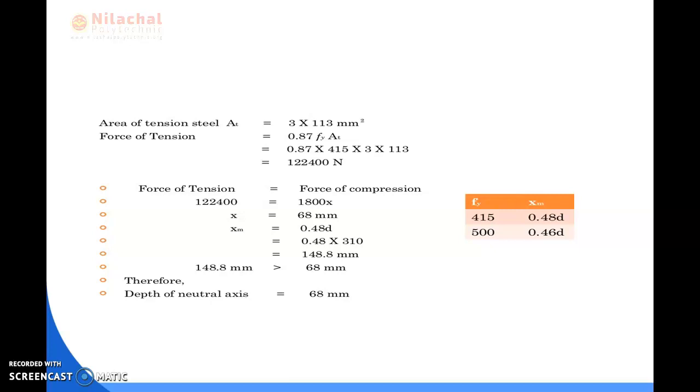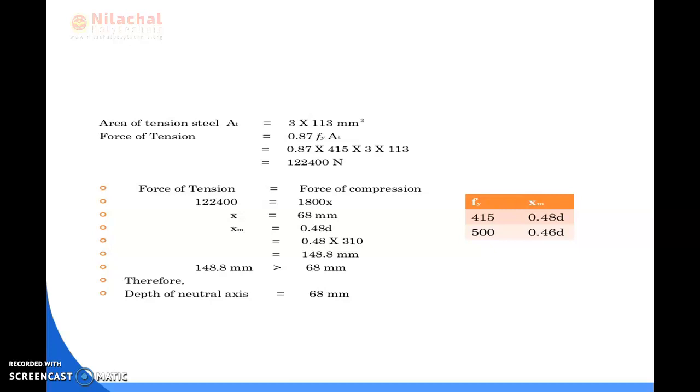The depth provided is 310, and the grade of steel is 415, so xm is equal to 0.48 D, that is 0.48 into 310, which is equal to 148.8 mm. Then xm is greater than x.